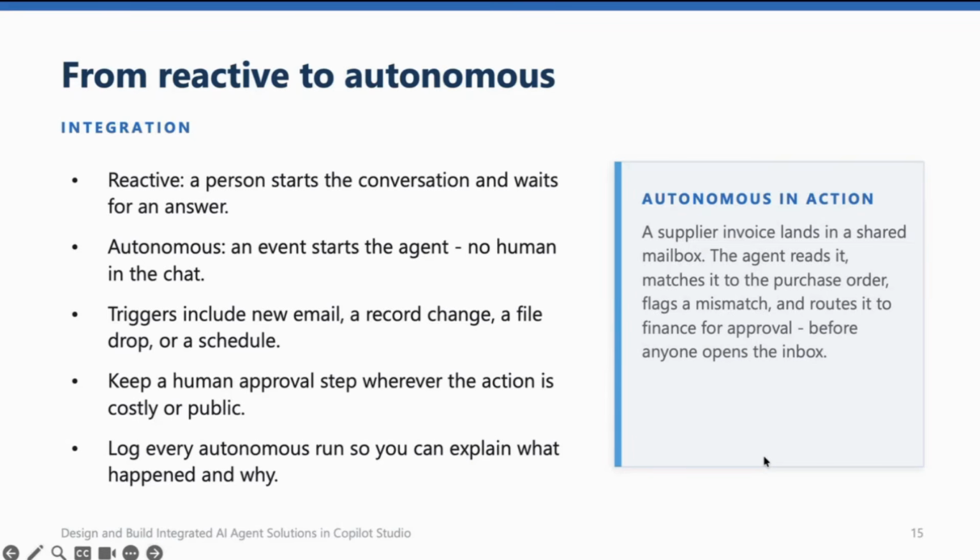The agent is not going to wait for your input or your prompt, but will trigger automatically, right? The agent is going to read it, match it against the purchase order, spot that the amount is off by 200 pounds, and route it to finance, all before anybody opens the inbox. This is the shift from answering questions to removing work.